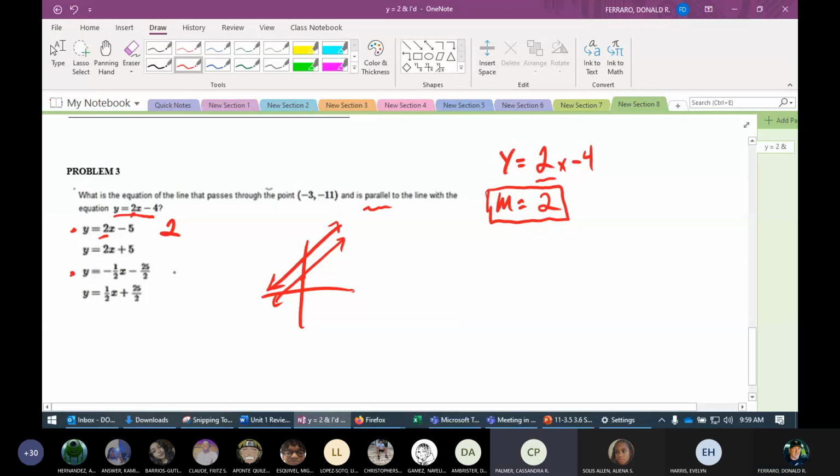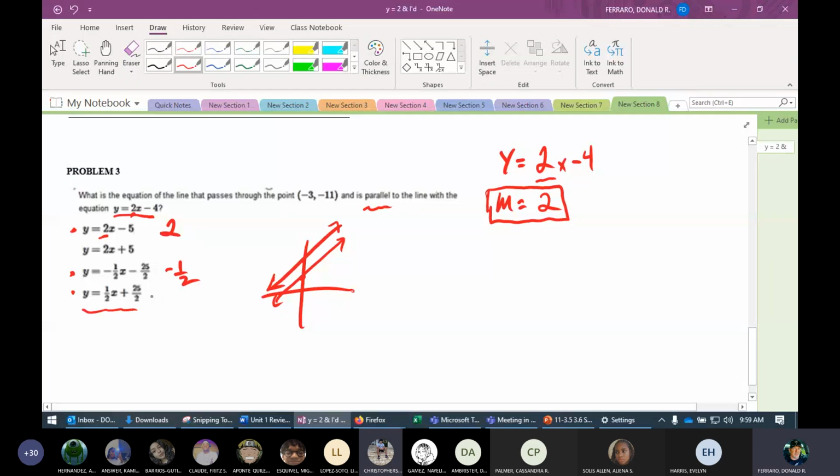Negative 1/2. Negative 1/2, right? And what's the slope of the fourth line, Gavin? Gavin, you there? Gavin? The slope? What's the slope of this line right here?